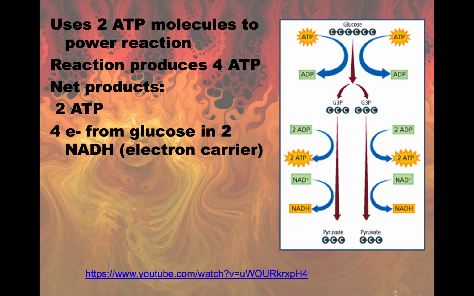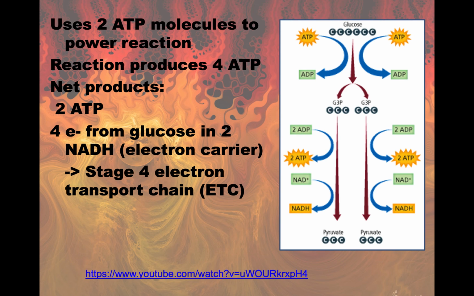You get some electrons from glucose that hang on to the NADH, the electron carriers. Those go further down the chain to stage 4, the electron transport chain, otherwise called ETC. And you get a couple of 3 carbon molecules called pyruvate. You get 2 of those.